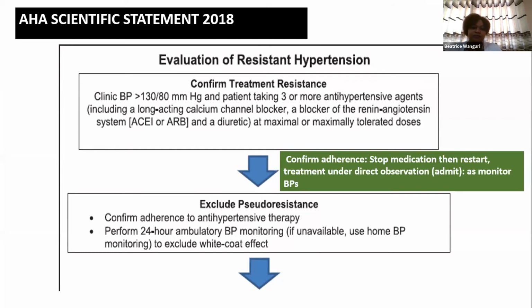This recommendation, I guess, was based on the reason that the first line is thought to be calcium channel blockers and either ACE inhibitors or ARBs. I think this is what has been accepted since the very large ACCOMPLISH trial that compared the combination of calcium channel blockers and ACE inhibitors with the combination of ACE inhibitors and a thiazide diuretic.